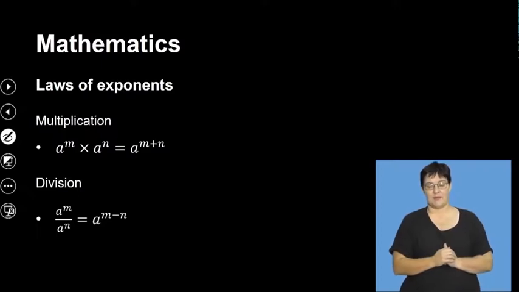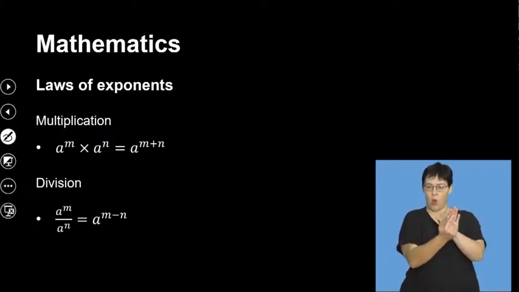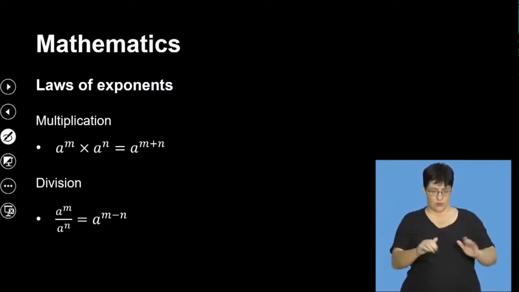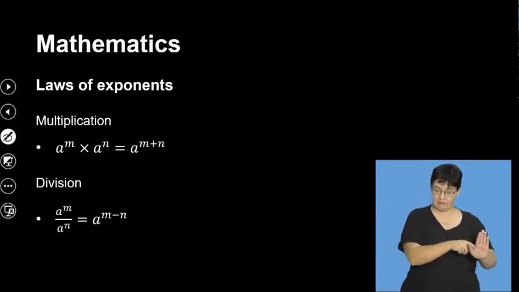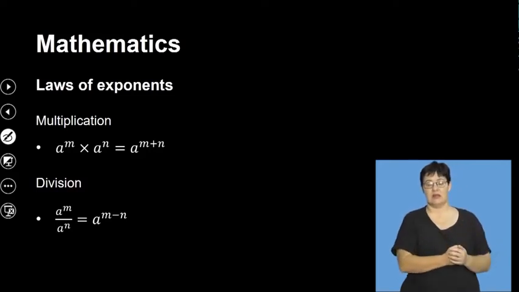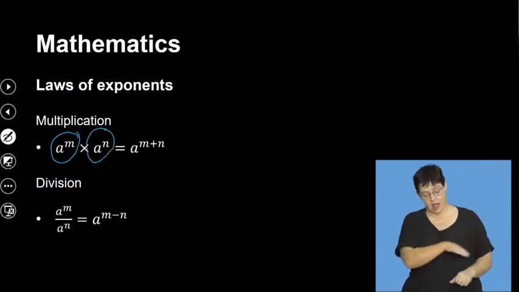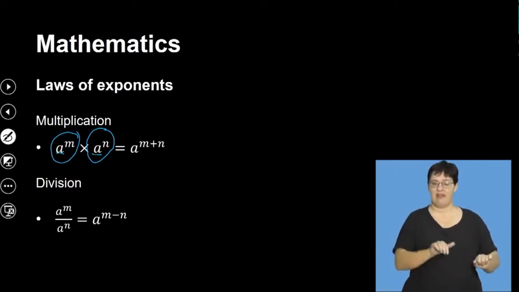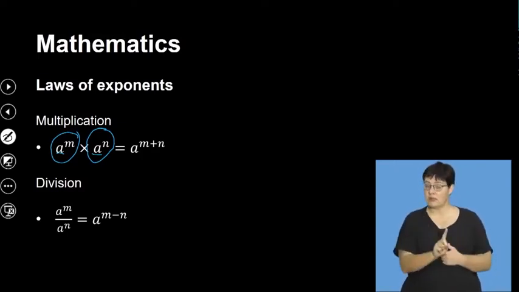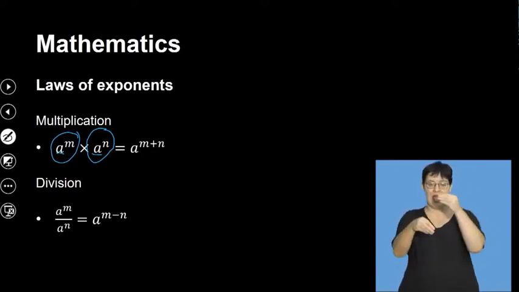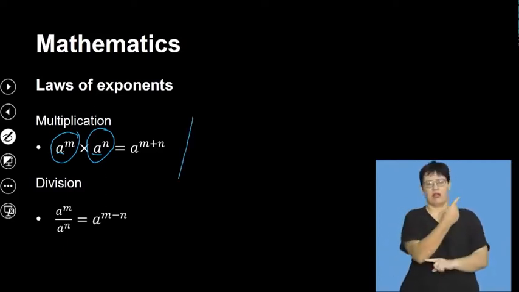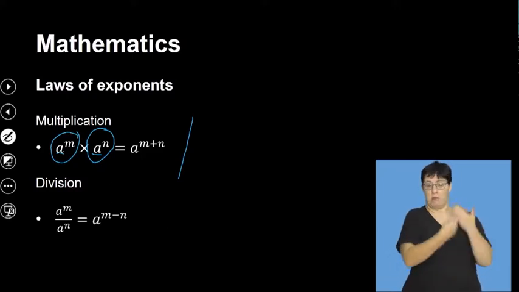Now, also, with the laws of exponents, as I said, we're going to divide them into their respective operations. One will be when we are multiplying powers of the same base, right? So this is one power, and this will be another power. They have the same base, which is a, and the law will then say that we need to add the exponents. What that means is, please don't make the misconception of thinking that you need both the bases when you're doing this, right?